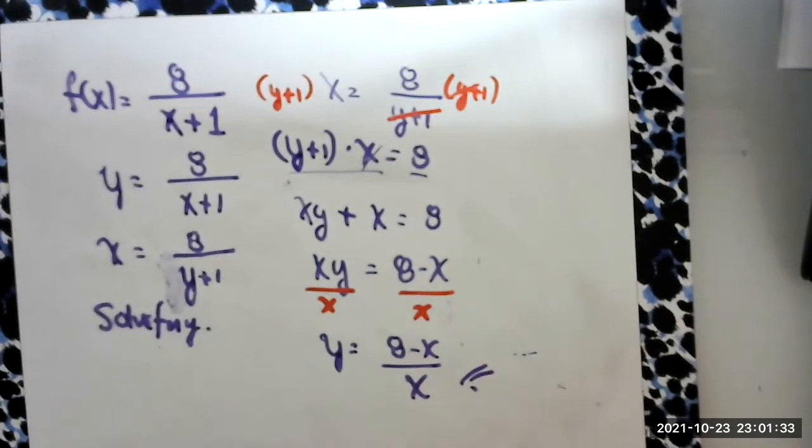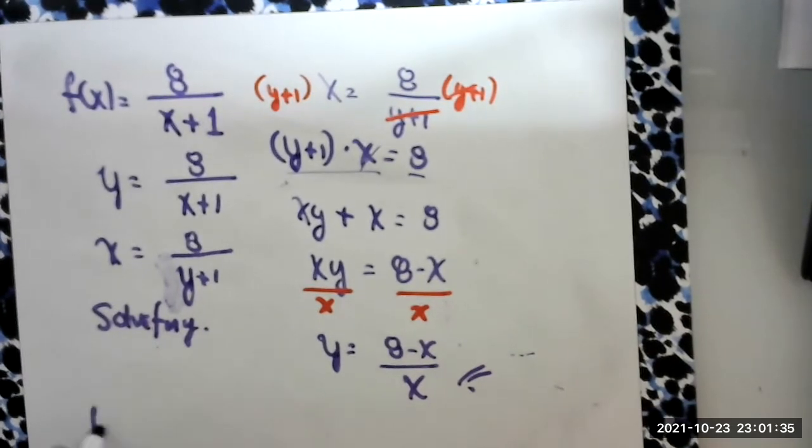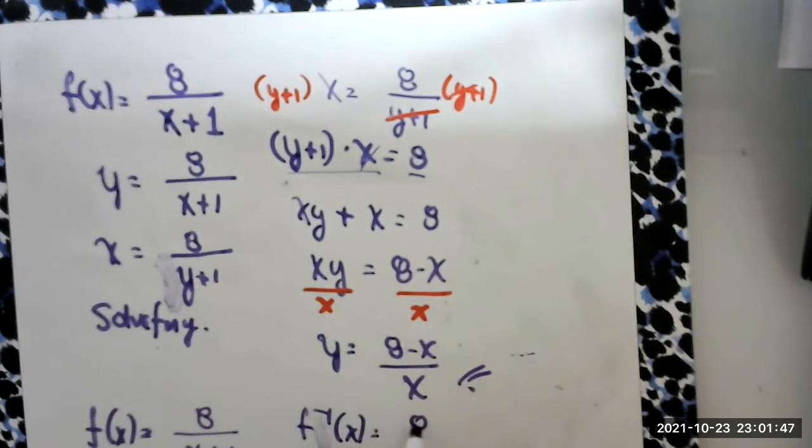So let's recall. My original function is f of x equals 8 over x plus 1, and its inverse function will be 8 minus x over x.